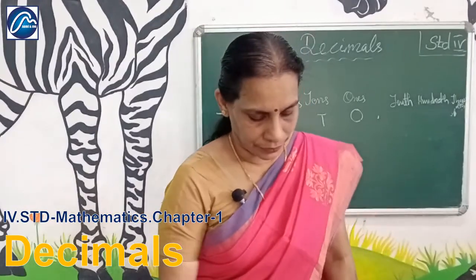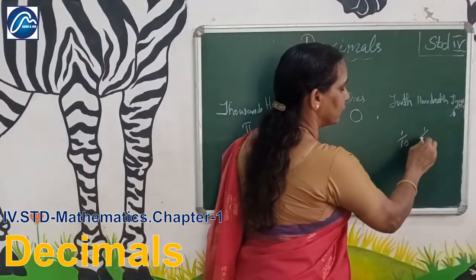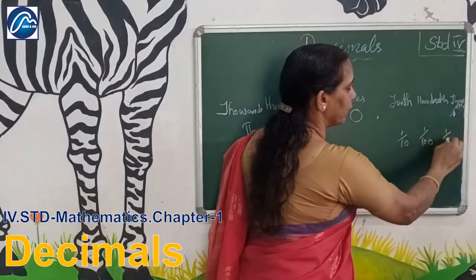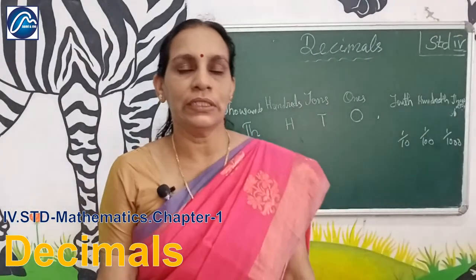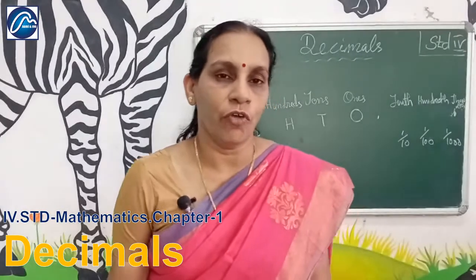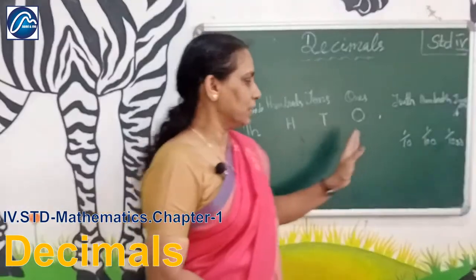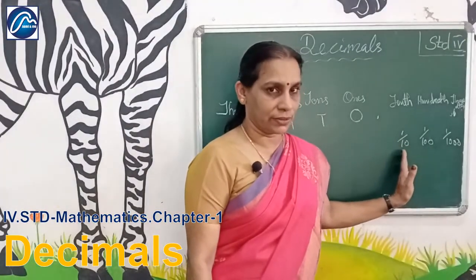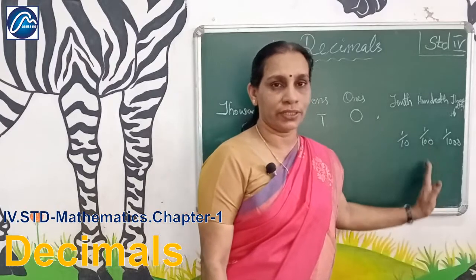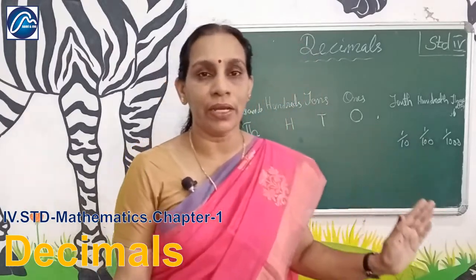So this will be 1 by 10, this will be 1 by 100, this will be 1 by 1000. So this is the place value of decimal places. That means decimal places decrease by 10 times each step. It is decreasing, so 1 by 10, then divided by 100.